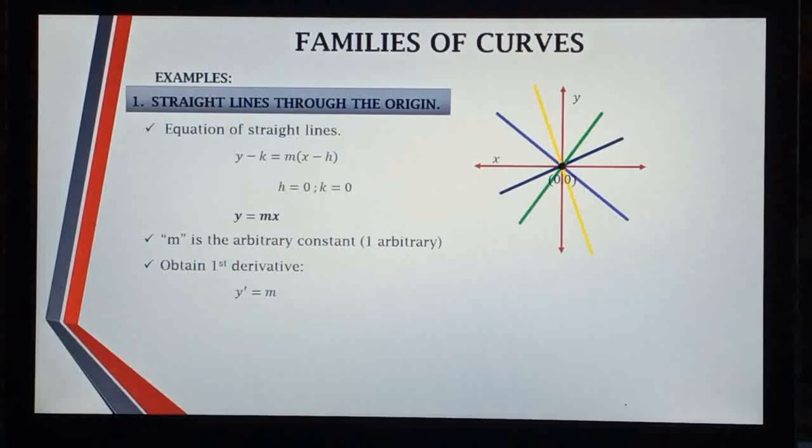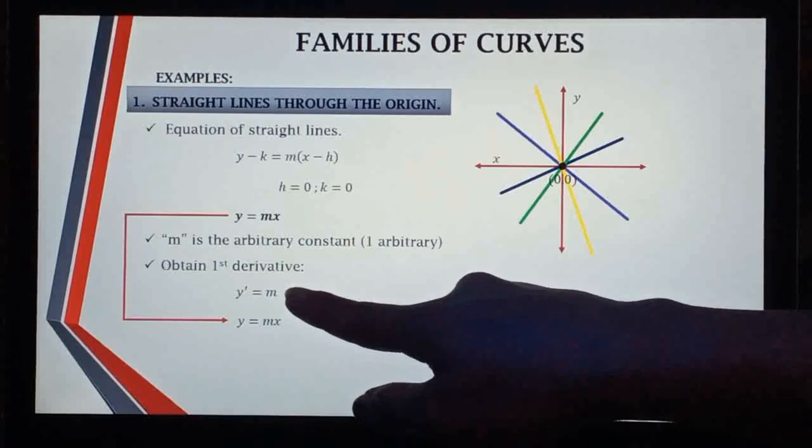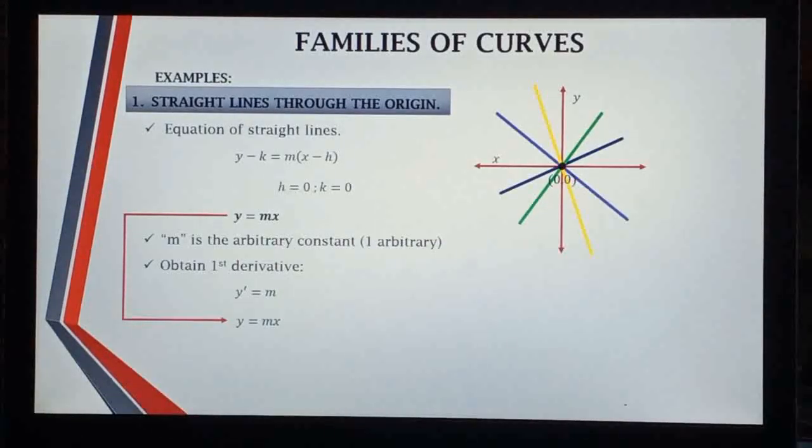So, anong gagawin natin? We have to copy the original equation which is y equals mx. Tapos, kukunin natin yung equation ng first derivative, isa-substitute natin dun sa original equation, magkakaroon na tayo ng equation na y equals y prime multiplied to x.